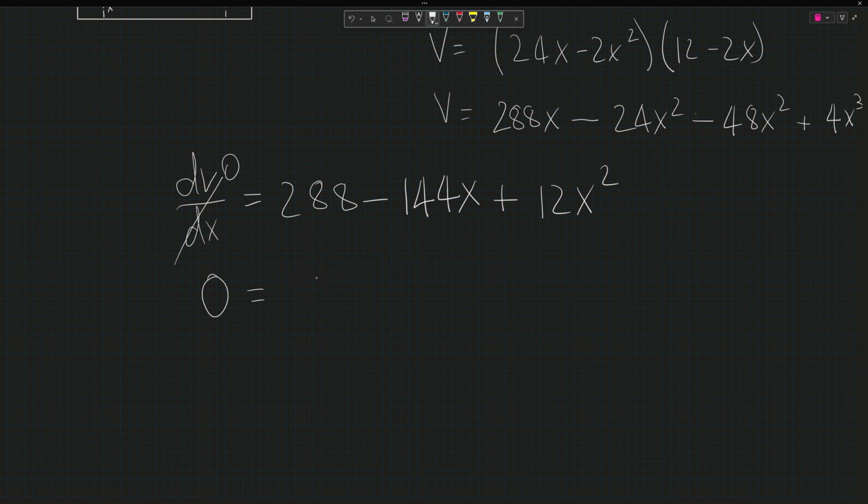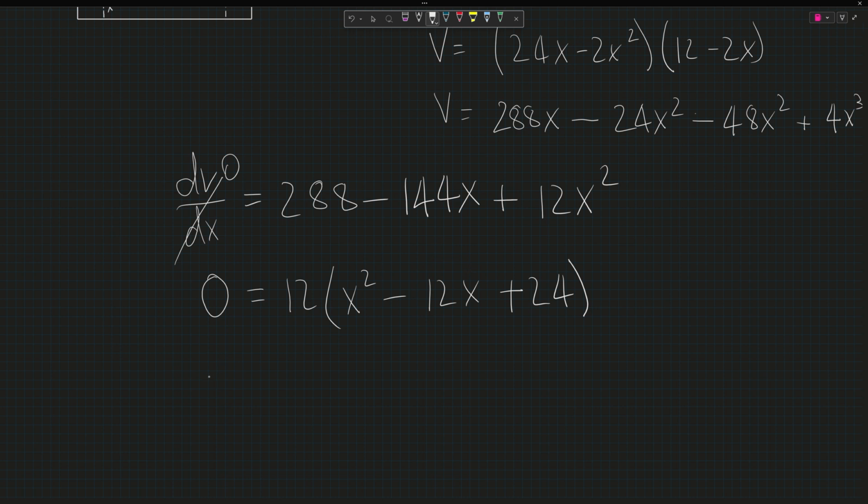So here, I'm going to factor out a 12 from all of this. So 12 times x squared minus 12x plus 24, right? And I'm going to divide the 12 from both sides, because I really do not care about this quadratic.